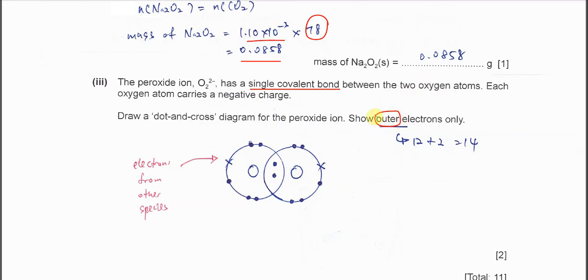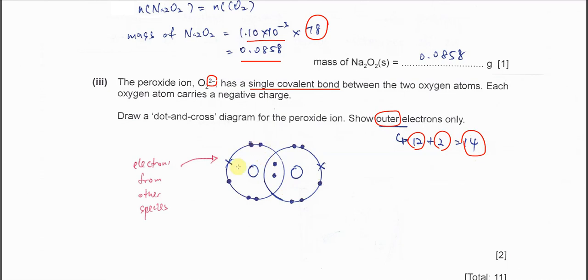Outer electrons only: each oxygen contributes 6 electrons, total is 12. But this is not the total number, because peroxide is 2 negative, it must gain 2 electrons from outside. So in your dot cross diagram, you must show 14 electrons. Put a pair of electrons between the oxygens and complete with the remaining electrons of each oxygen.